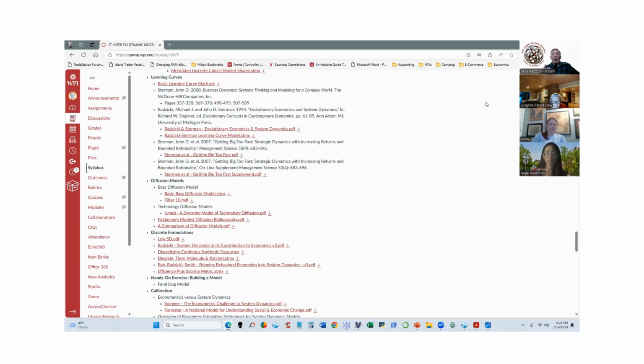And then our productivity will go up, and hence our per unit cost is going to go down. And we can pass that on in the form of a lower price to the consumer, and we can capture market share. So that's a common use of learning curves. It's called learning by doing. Now, how does one go about representing that type of thing in system dynamics?